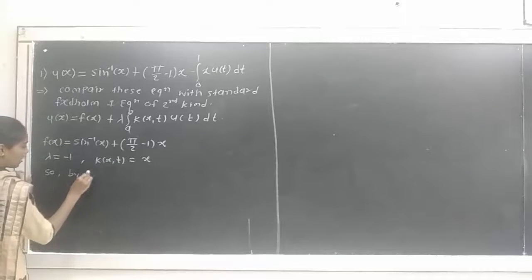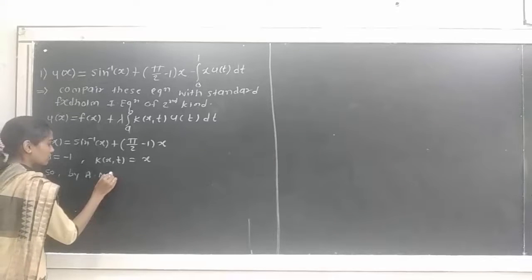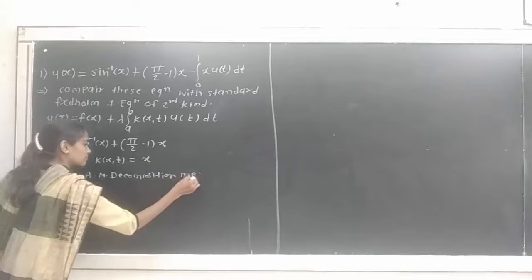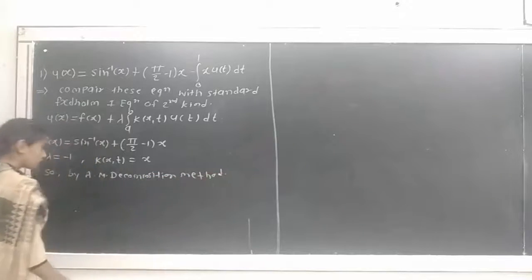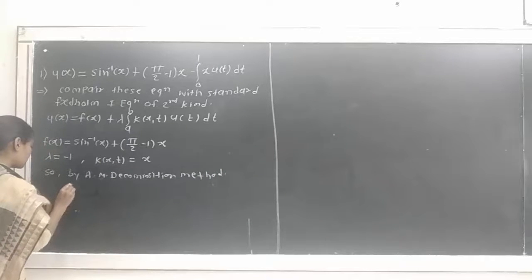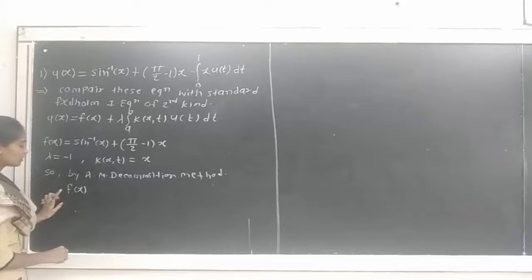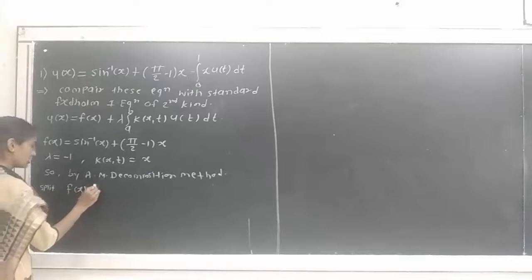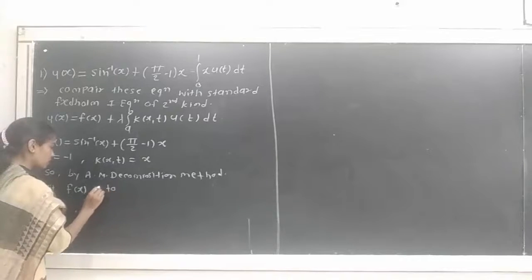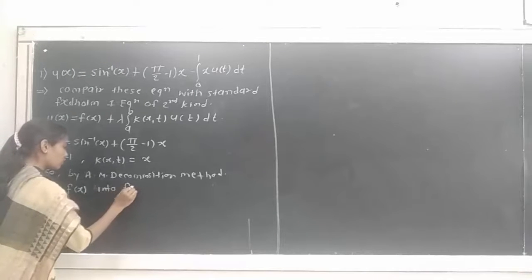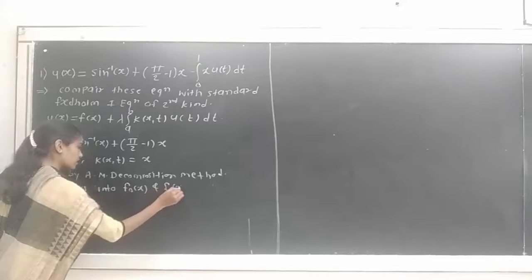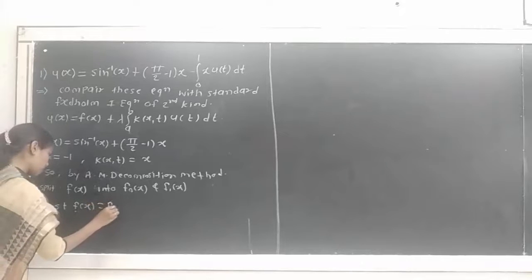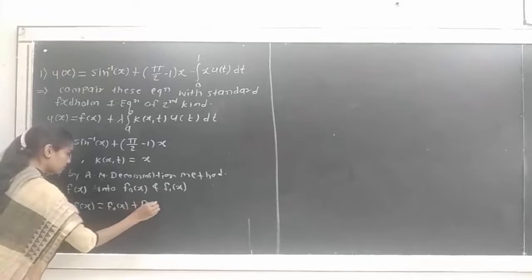So by the Adomian modified decomposition method, we split f of x into f0 of x and f1 of x, such that f of x is equal to f0 of x plus f1 of x.